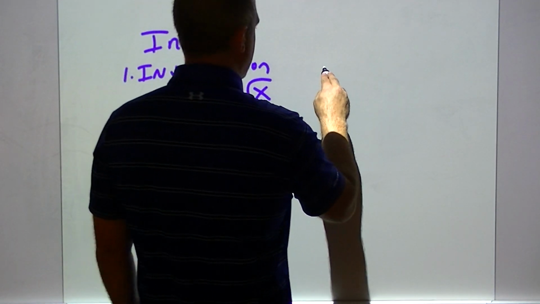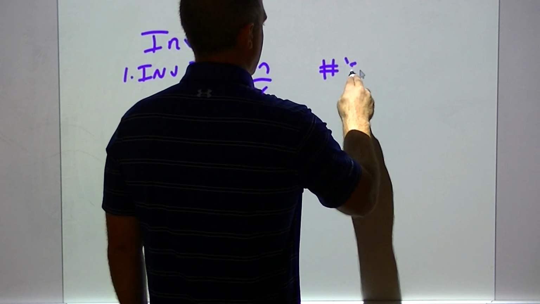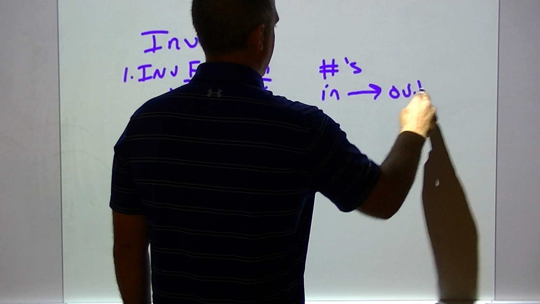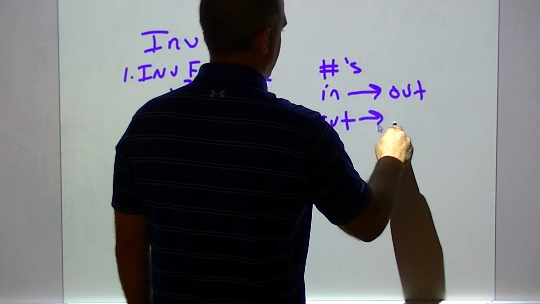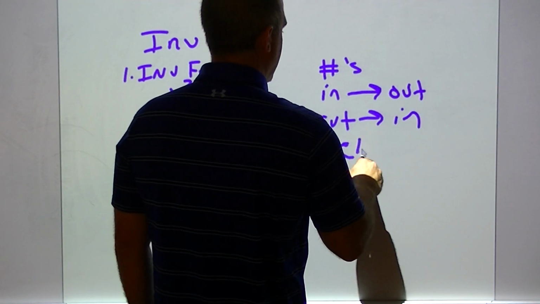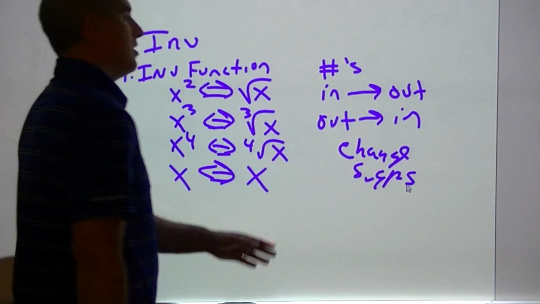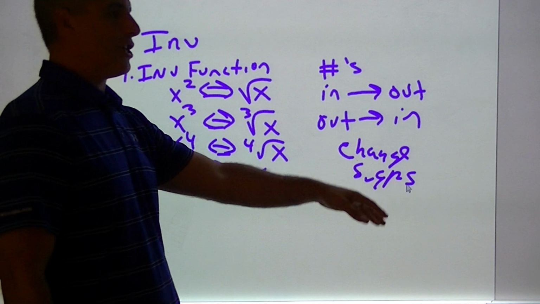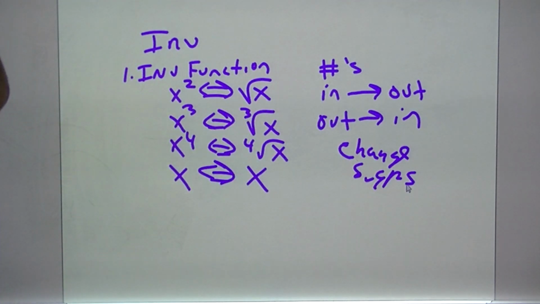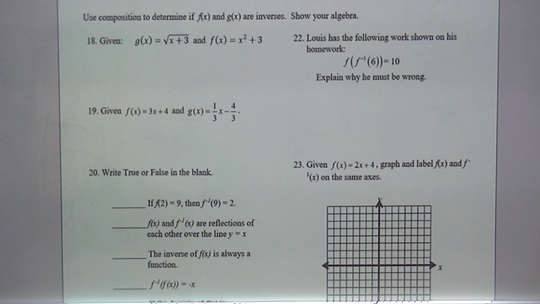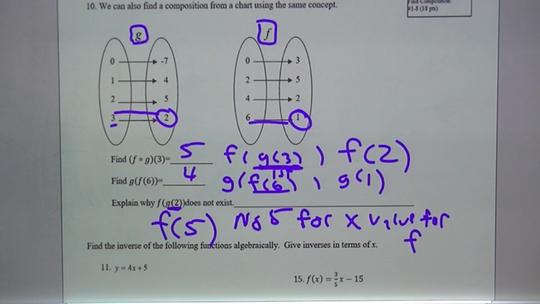Okay? Then, the big thing with the numbers, inside goes to outside, outside goes to inside, and you change signs for both. Okay? All right, so whatever's inside is going to go outside, change signs. Whatever's outside is going to go inside and change signs. Okay? So let's go back to this example. Okay?